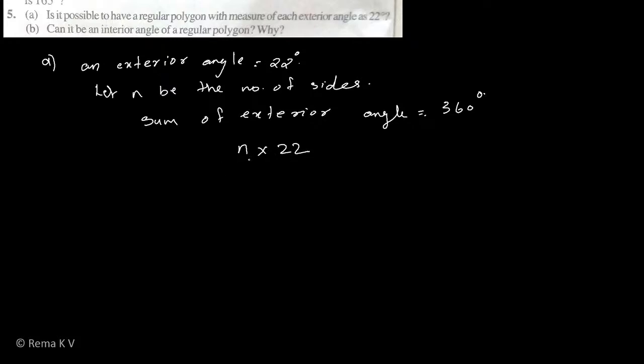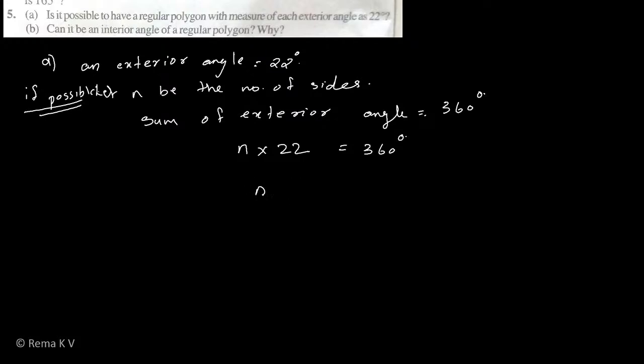So the total measure of the angles is n into 22. The measure of one angle is 22, n angles are there. So n into 22 is equal to 360. And here, if possible, we are not sure whether this is possible or not.